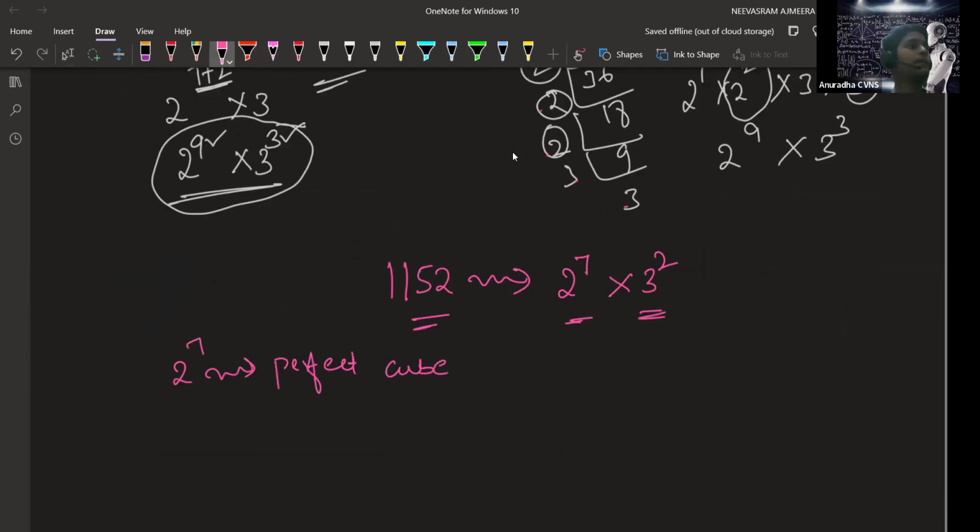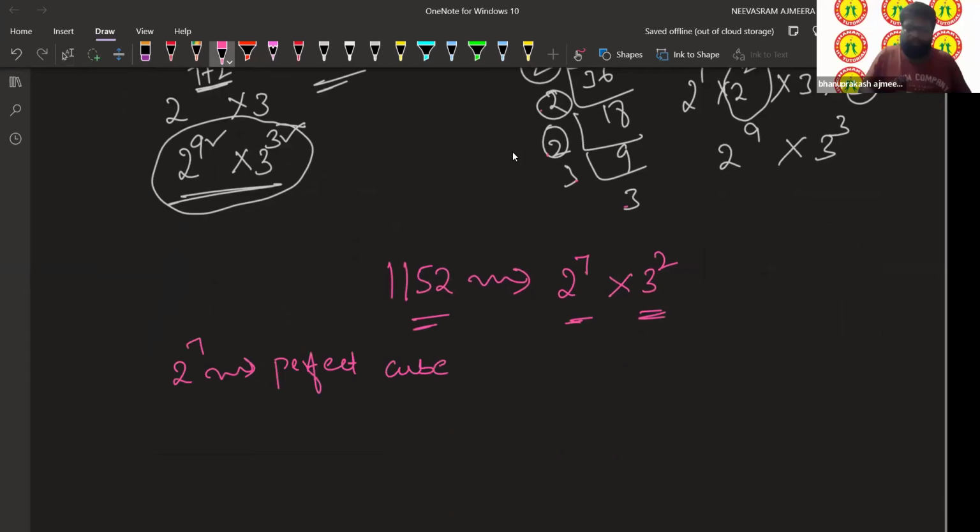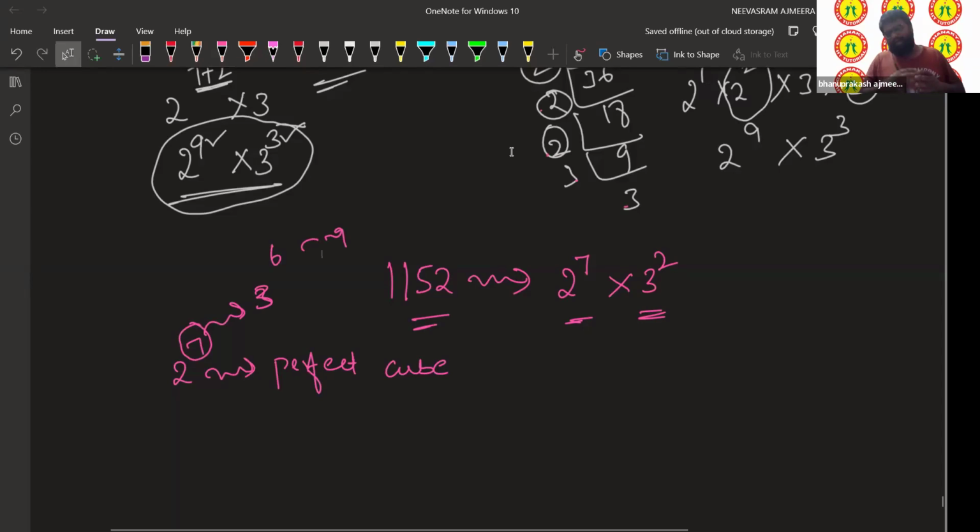No, sir. So to become a perfect cube, the power here should always be a multiple of 3. So what is a multiple of 3 which is near to 7? Either 6 or 9. But what did they ask in the question? The smallest number by which 1152 should be multiplied, they are asking, so that it becomes a perfect cube.